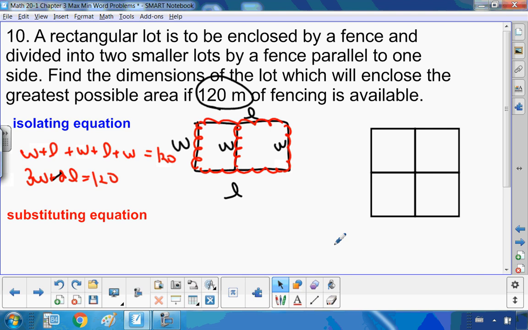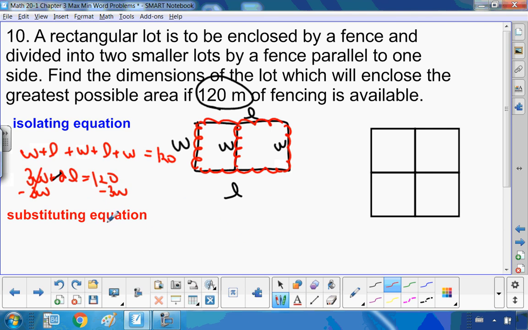Okay, so now looking at that, I want to isolate for one of my variables, and it doesn't matter which one you isolate for. There isn't really a better choice, but I would rather divide by 2 than divide by 3. So I am going to subtract 3W from both sides.